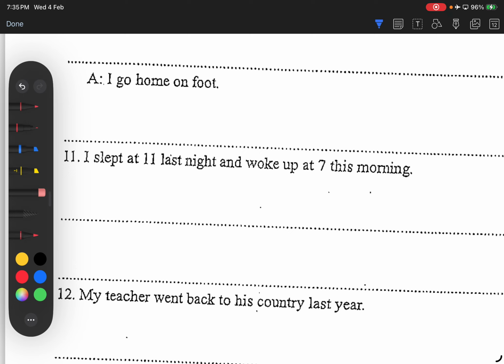Subject first, then our time expression immediately follows afterwards. Not the time first, then the subject.